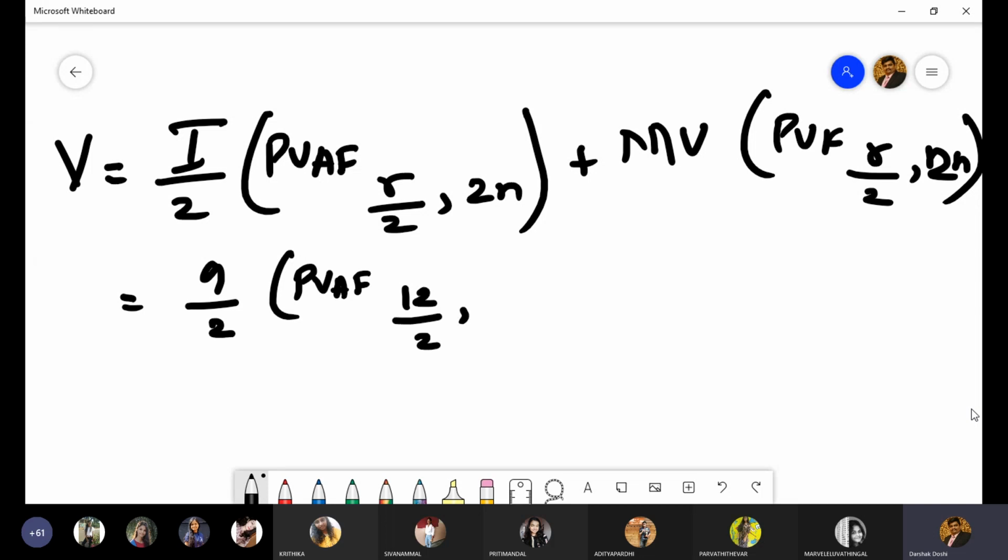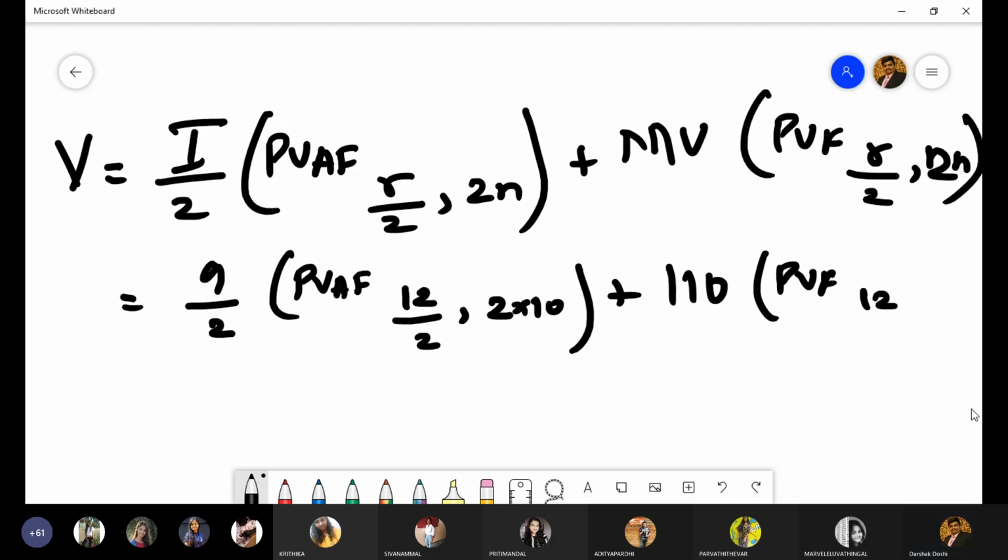What is the period of bond? 10 years. So can I say 2 into 10, plus it is going to mature at 10% premium. Face value is 100, so can I say maturity value will be 110. Present value factor 12 divided by 2, 2 into 10.